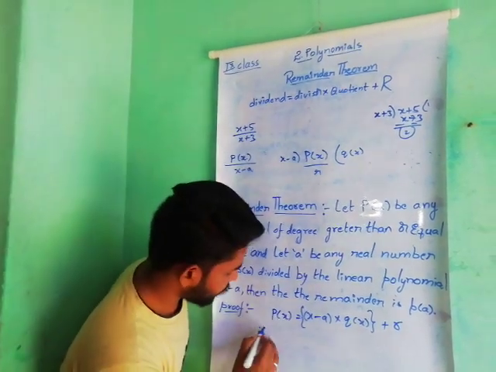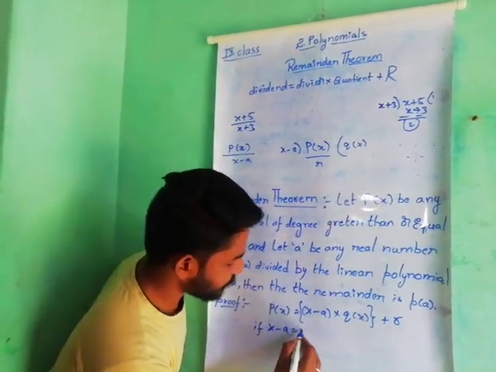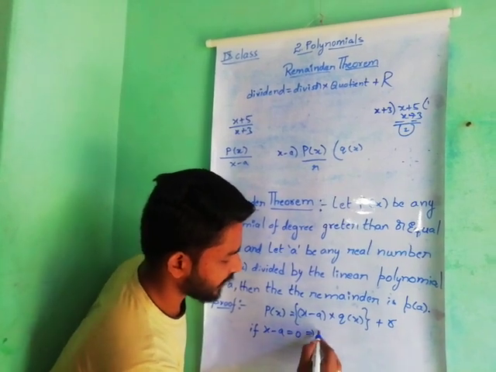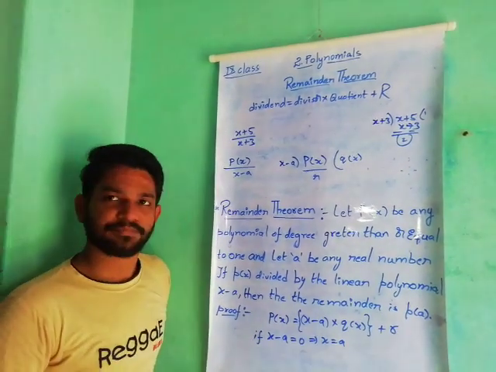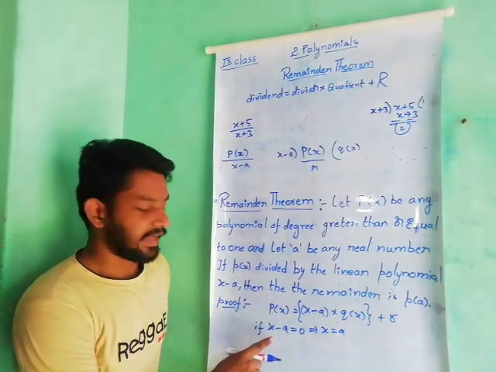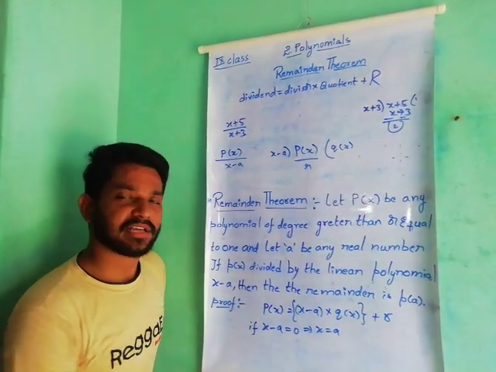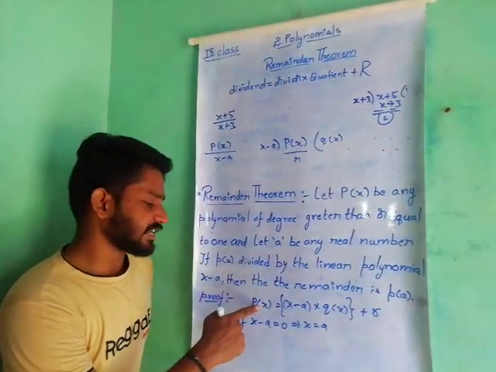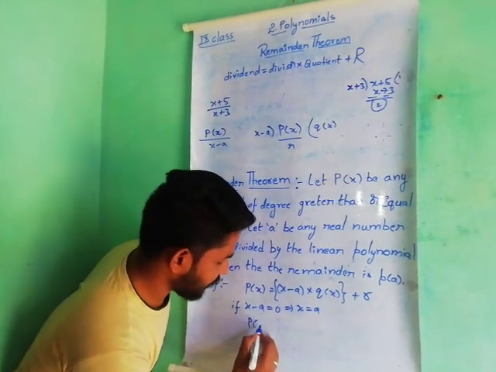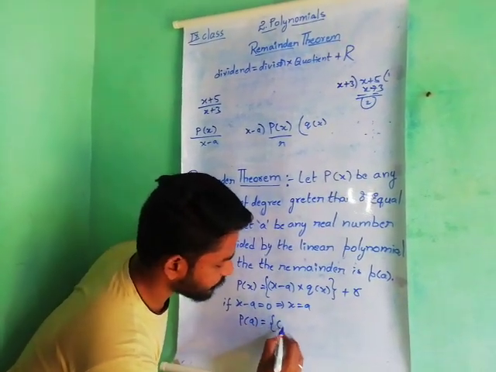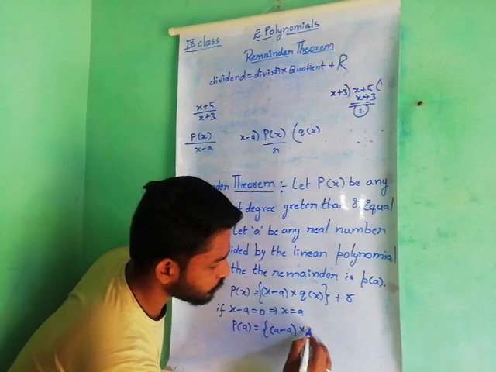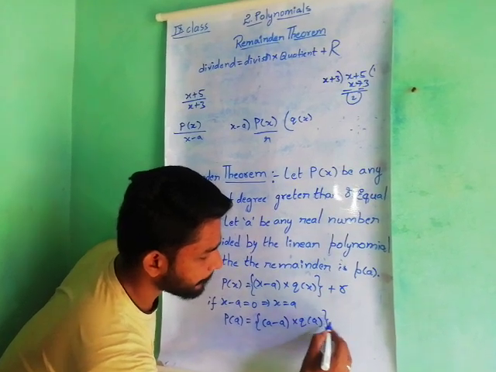So if x minus a is equal to 0, then x is equal to a. If I take the condition x minus a is equal to 0, then x is equal to a. We replace x by a. P of a is equal to a minus a into Q of a plus r.